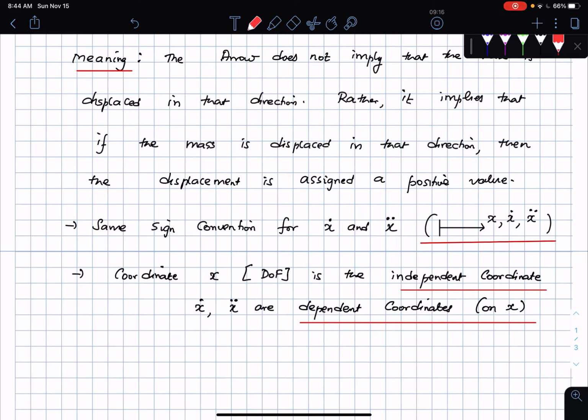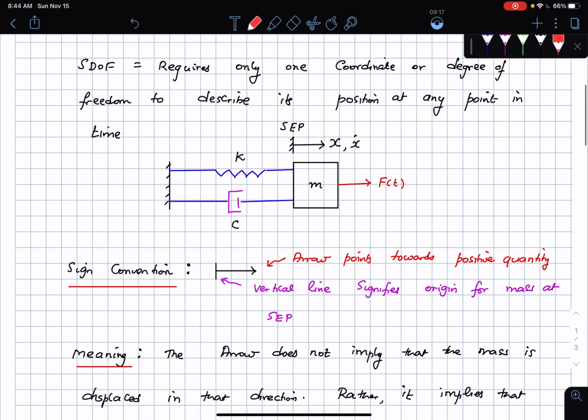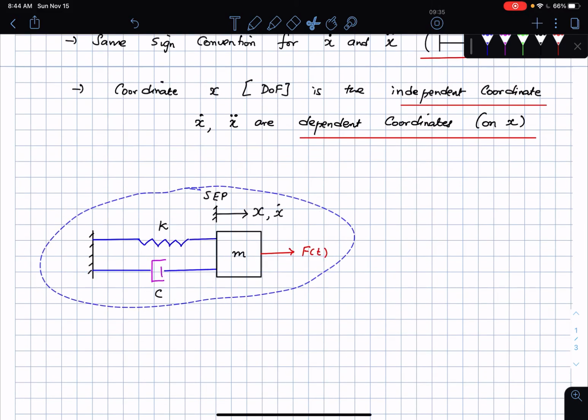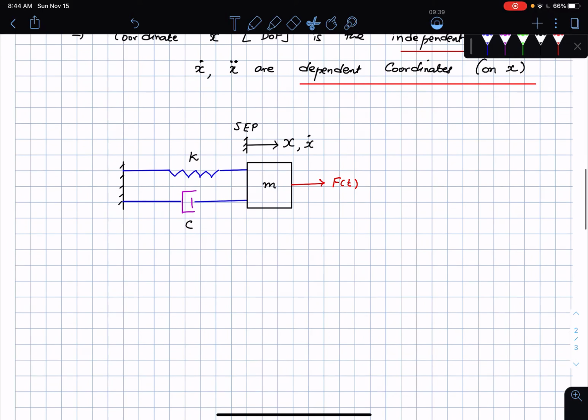One more thing you can also look at from the figure very quickly is that if the displacement of the mass is positive, the spring is in tension. If the displacement is negative, the spring is in compression. And it is quite possible that anything can happen at any point in time depending on the motion of the mass. So now I come to the situation where I have the system. I'm going to now draw the free body diagrams of all of these.